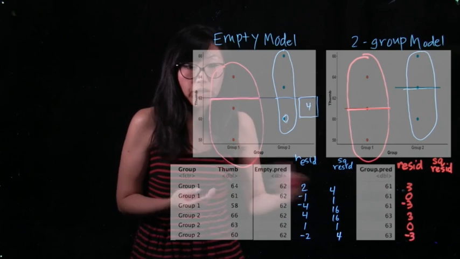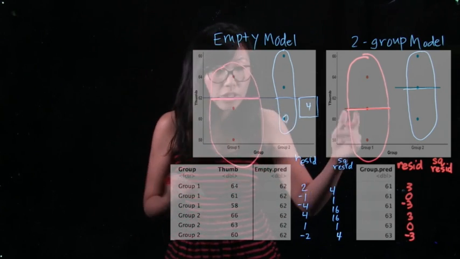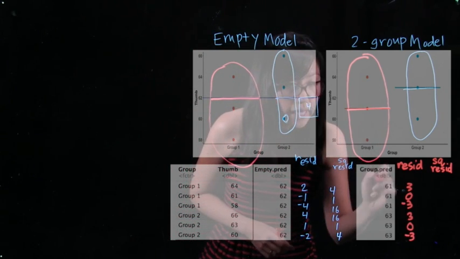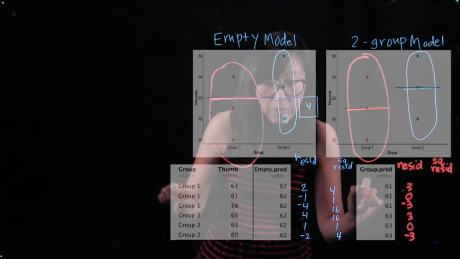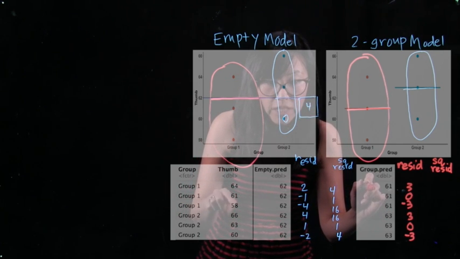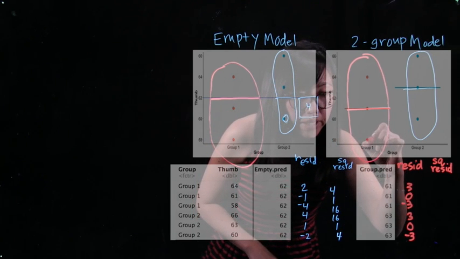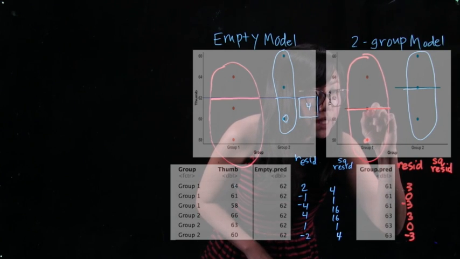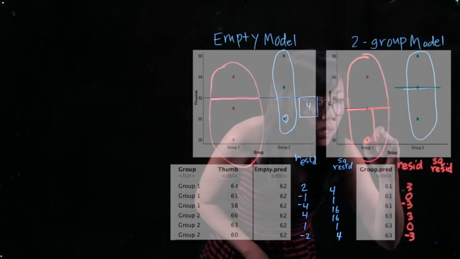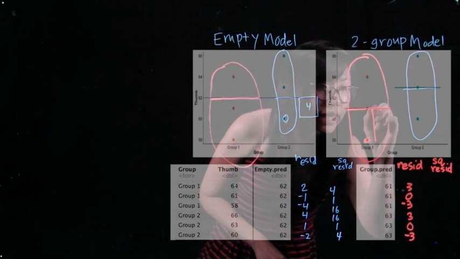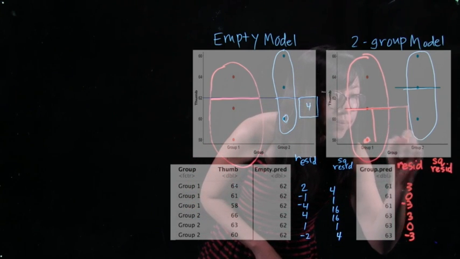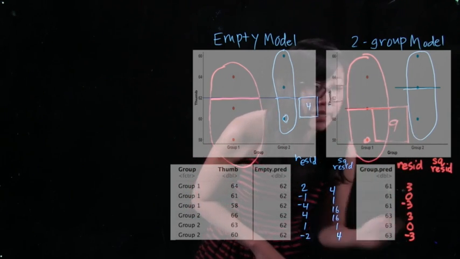And then I could square those residuals. And just to illustrate what I'm doing, here we could take this data point, 58, in group 1, and that data point is right here, right? I'm taking the residual, which is a negative 3, and I'm squaring it to get 9, right?